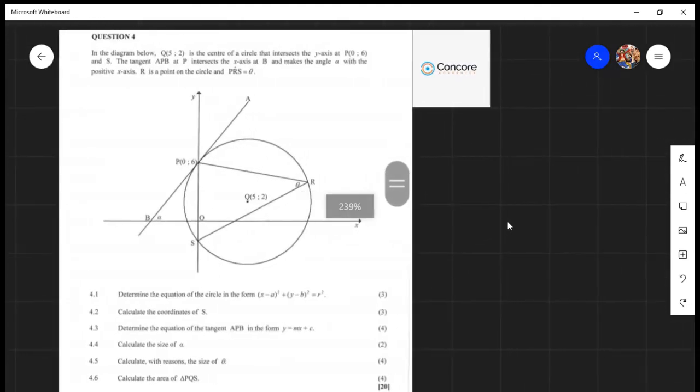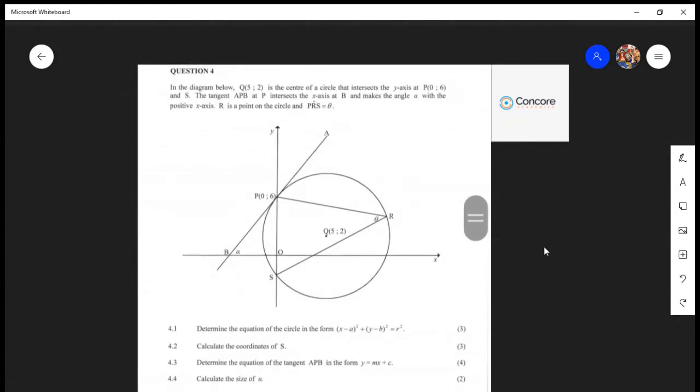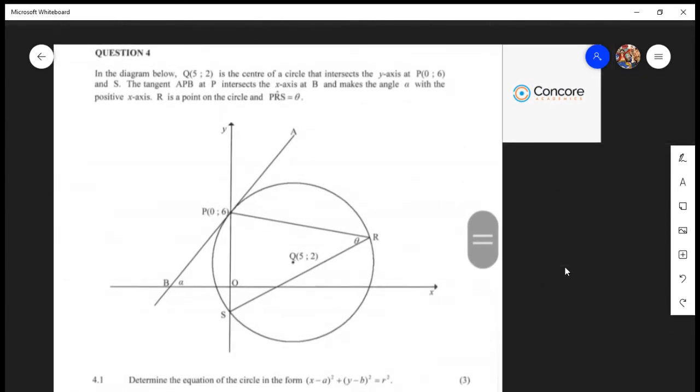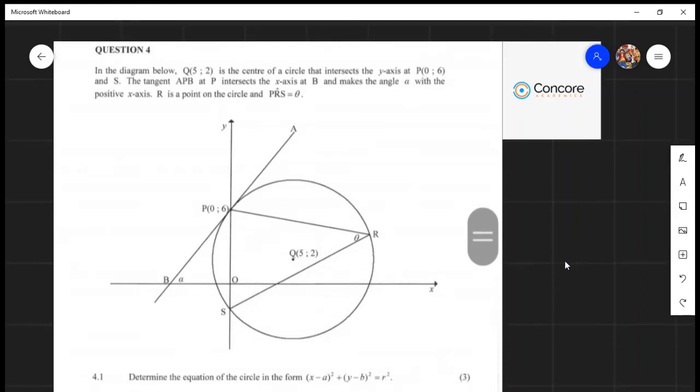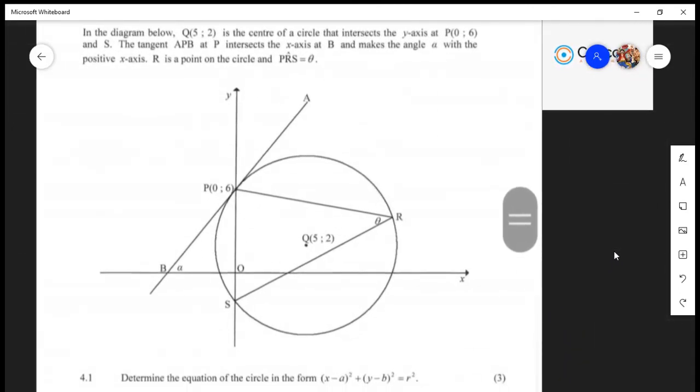Okay, is everyone able to see the question? Yes, sir. Okay. And now? That's as far as I can go, or is it going to cut out the question? Is everyone able to see?